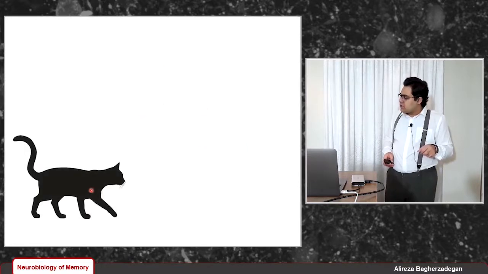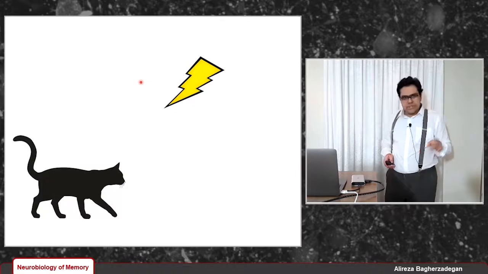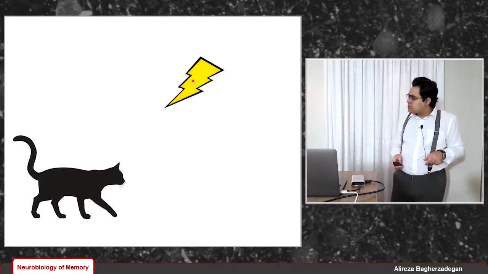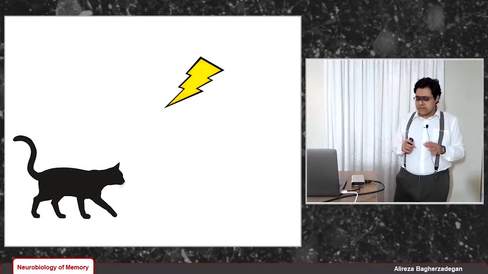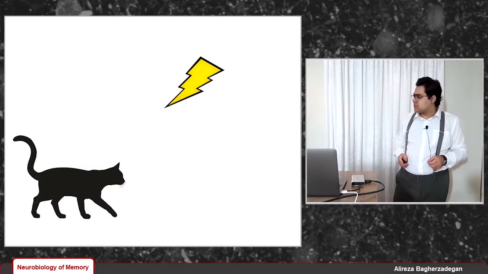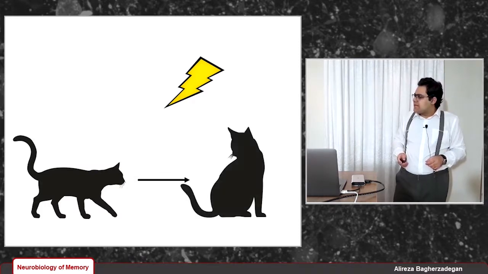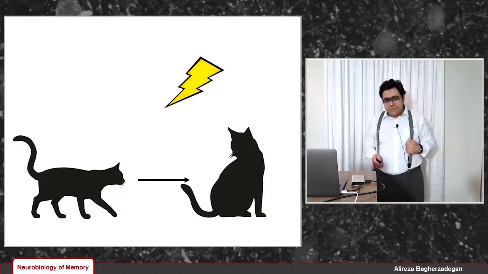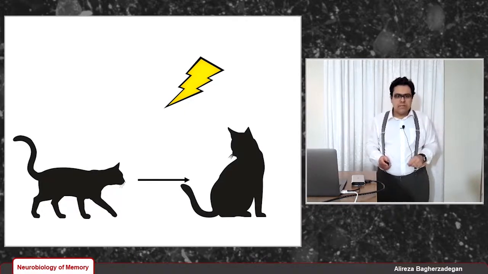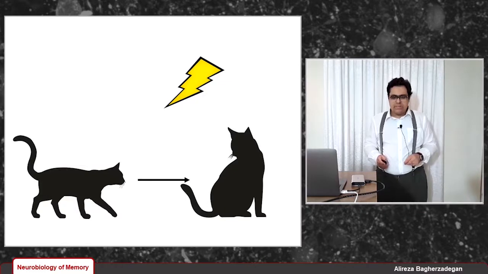In our second scenario, we introduce an electric shock, representing a bad stimulus, a harmful one to some extent. It's a tactile one. But again, the cat, for the very first time, wants to discover what it is.